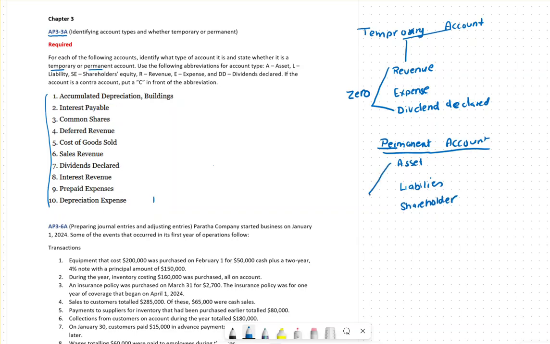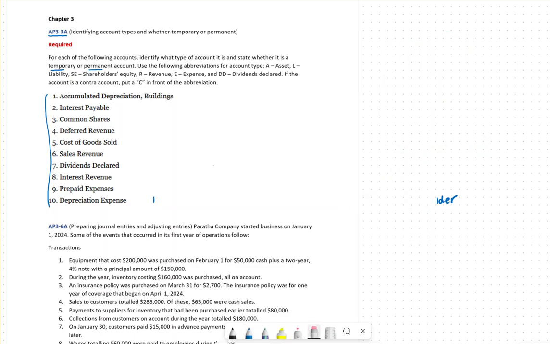We do not close them. So that's the definition of a permanent account and a temporary account. Let's go through the question and see if we can pinpoint whether it's an asset, liability, equity, or dividend declared account.